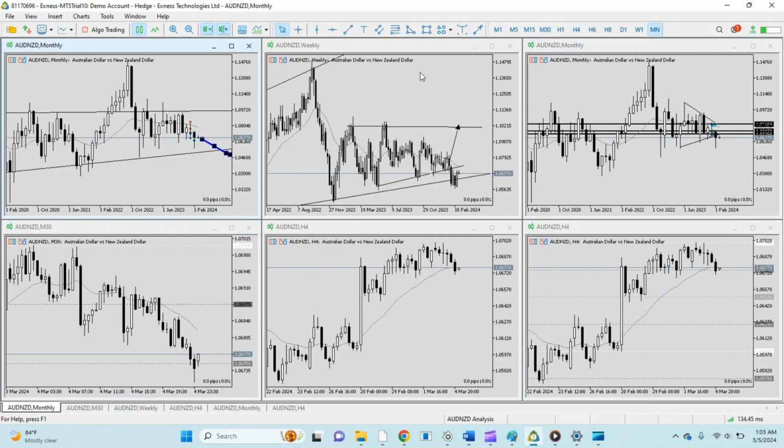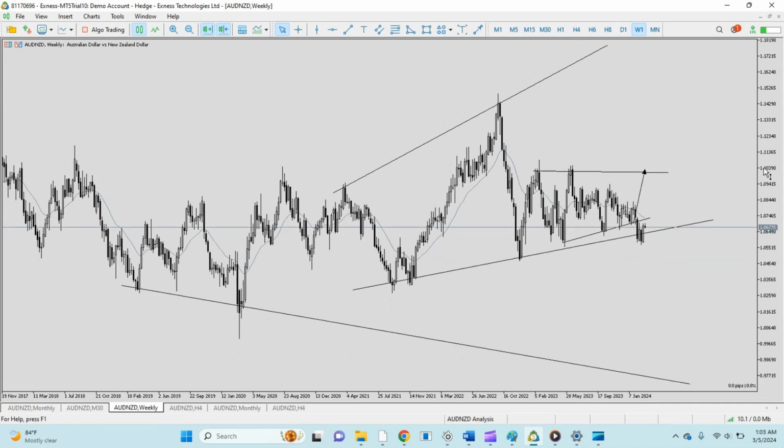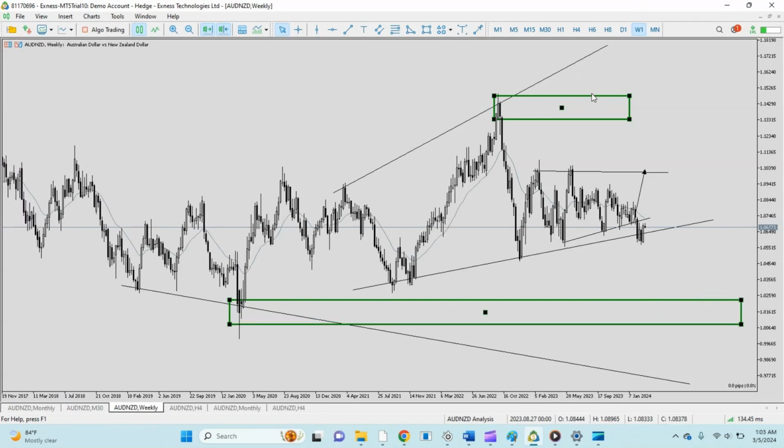So on the weekly time frame, we have a trend line. I don't see any other pattern, and we have a demand area, and we have liquidity in this area, and this is the supply area.